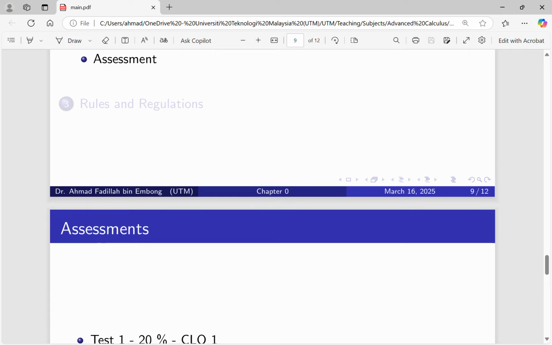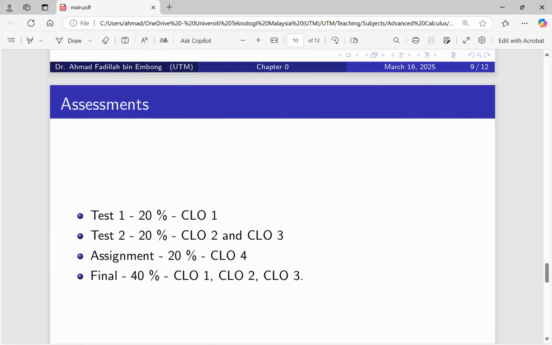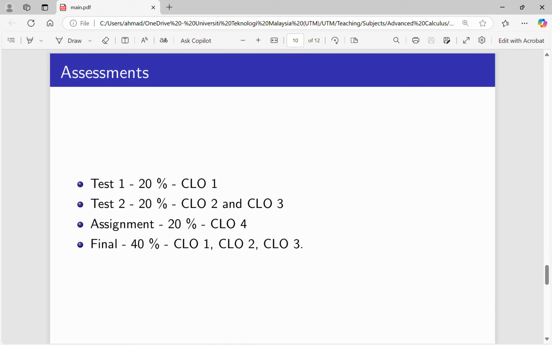The most important part of our course is the assessment. The assessment consists of test 1, test 2, assignment, and also the final examination. Test 1 covers CLO1.